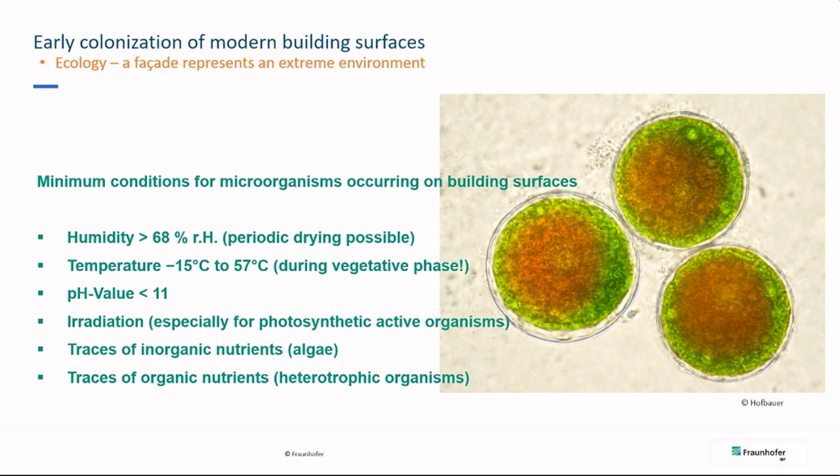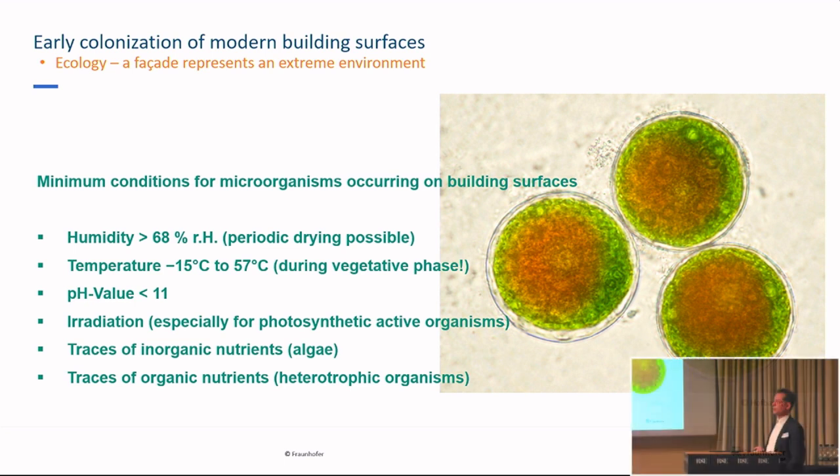Of course, algae need irradiation, but not only the algae. In some mold fungi, it's essential that they have irradiation during the day, that they can form their spores. And then there are needed some traces of nutrients. For the algae, it's enough if they have inorganic nutrients, but fungi, they need organic compounds.